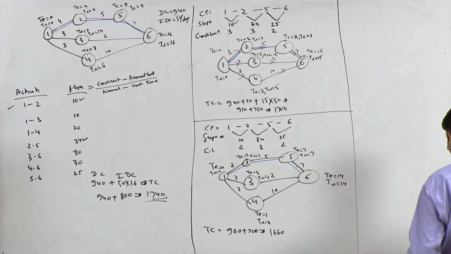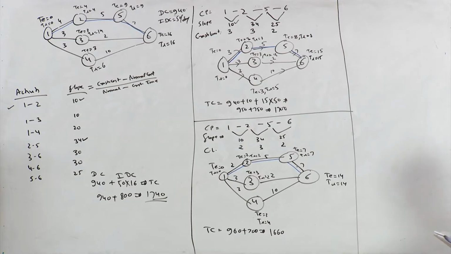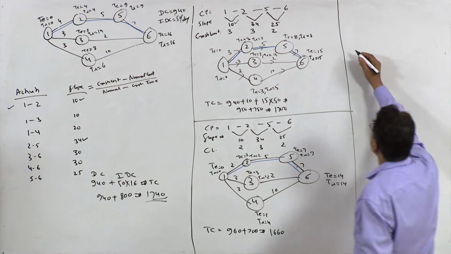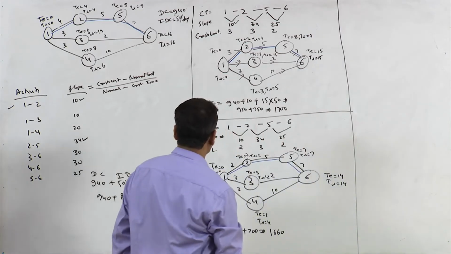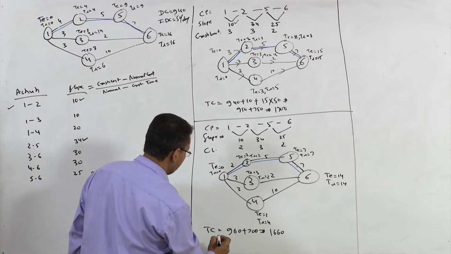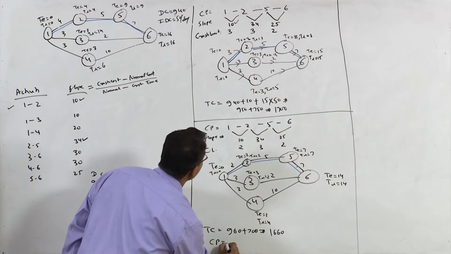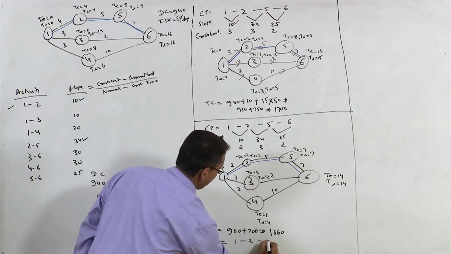Now let us look at what happens next. So let me write the critical path here. The critical path is 1, 2, 5 and 6.